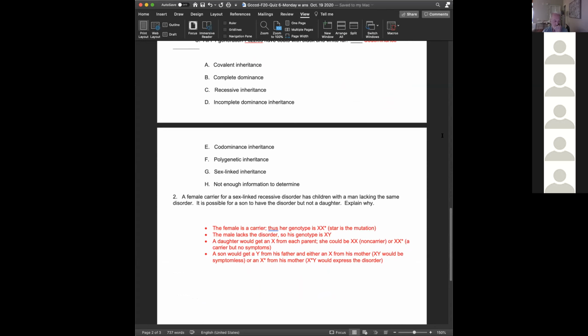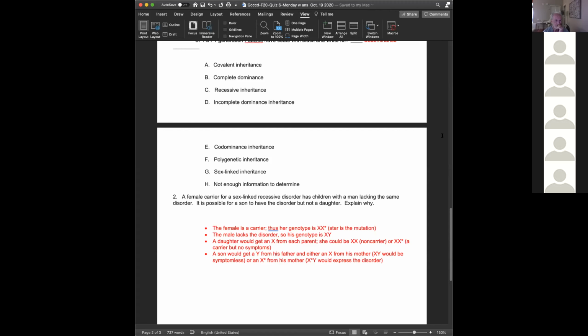One of her X chromosomes is dominant and one is recessive. She is having children with a man who lacks the same disorder, which means his X chromosome is dominant and he has a Y chromosome to complete his set. So that's the setup. The question states it's possible for a son to have the disorder but not a daughter, and it asks you to explain why.